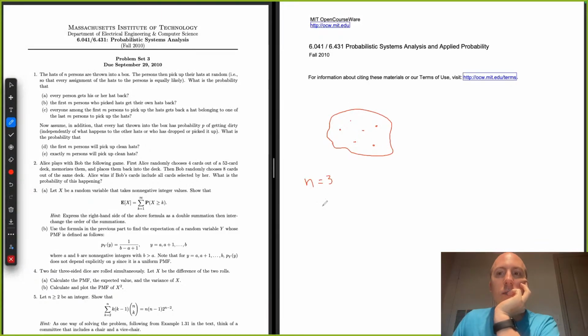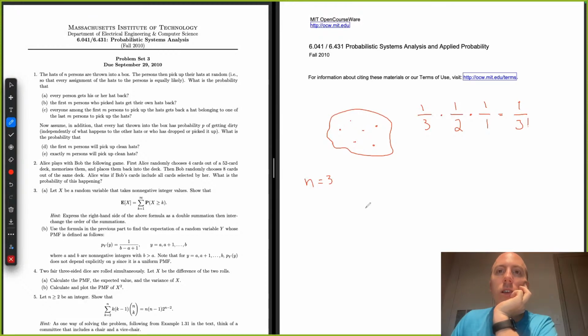If you just do out the math, there's a 1/3 chance the first person gets their hat back, and then there's only two hats left, so there's a 1/2 chance that the next person gets their hat back, and then given this, the third person is definitely going to get their hat back. So it's 1/3 factorial, and yeah, that's it.